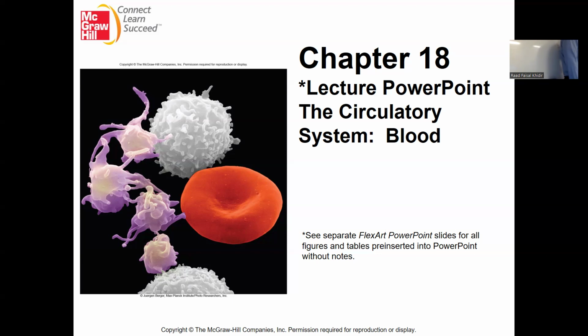The same way, with white blood cells, you have neutrophils that target bacteria, eosinophils that target parasites, basophils that target viruses. So every different microbe has a special type of white blood cell that attacks it and defends you from it.